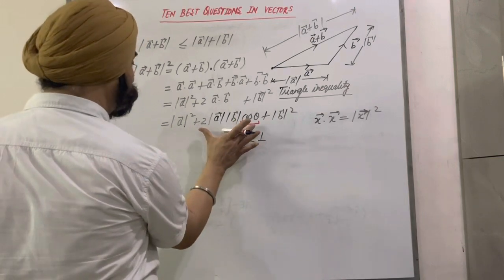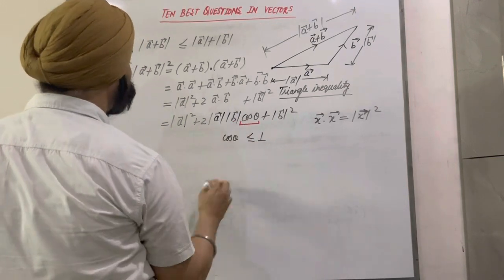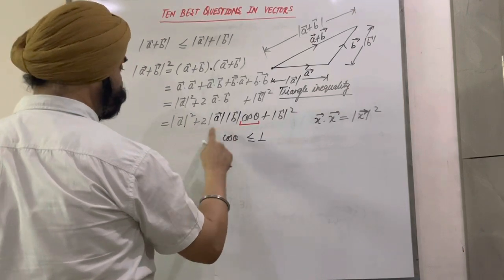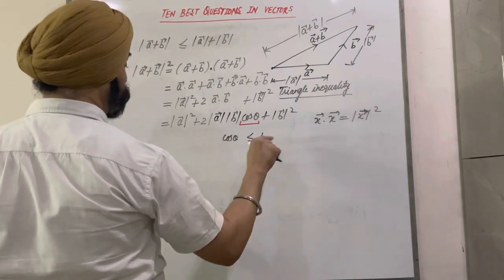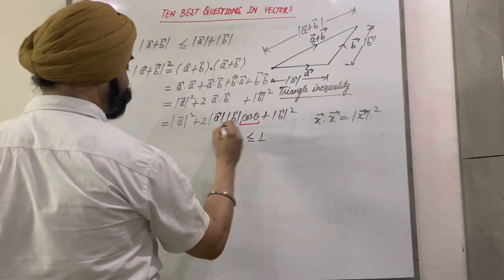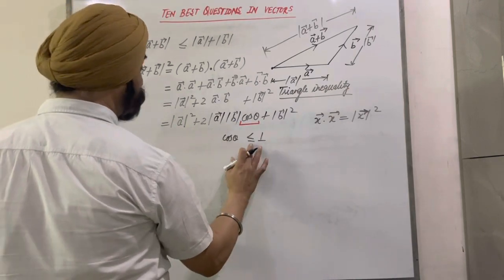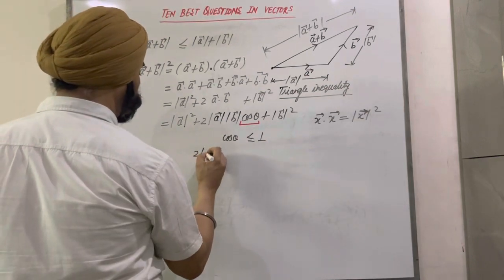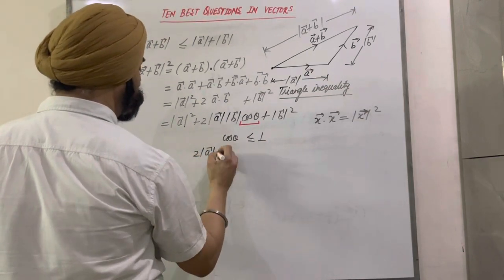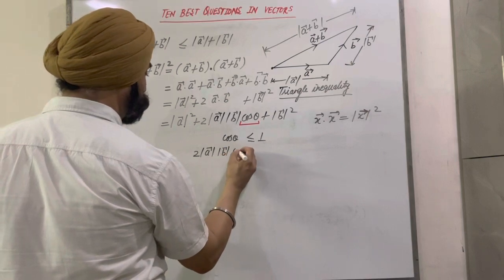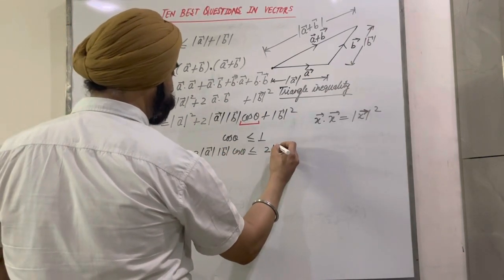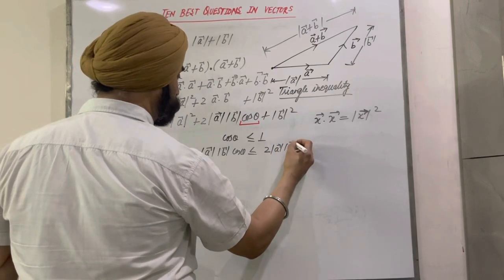So we wish to introduce this entire term here. 2 is positive, mod A is positive, mod B is positive. So if I multiply this inequality by 2 mod A mod B, nothing is going to change, and the sign in between is going to be the same. It is 2 times of magnitude of A, magnitude of B cos theta, and this is less than equal to 2 times of magnitude of A, magnitude of B.